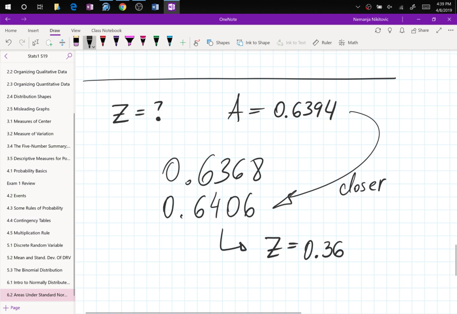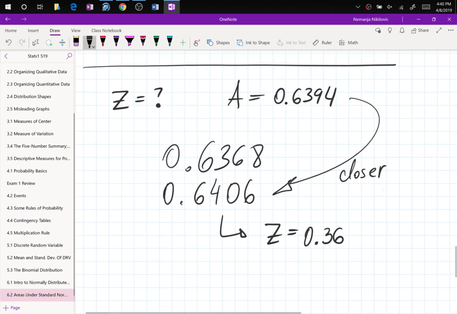So if you are given an area, then you can actually find the z-score. If you're given z-score, you can find an area. You have the chart, and chart will go both ways. And you will know from the problem, when you get your word problems in the next section, which way you need to read. Just need to be able to read both ways.